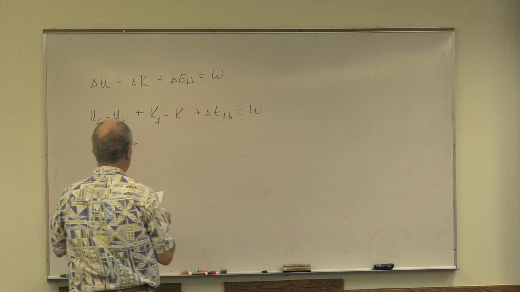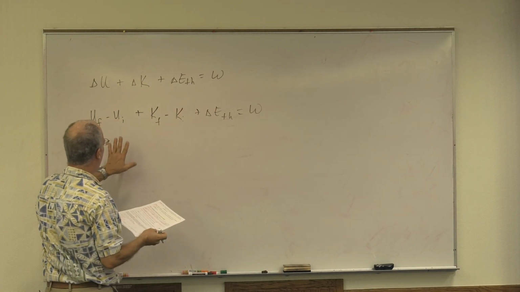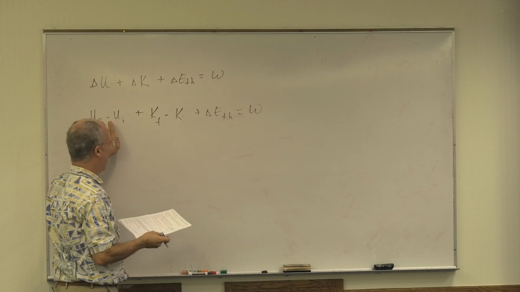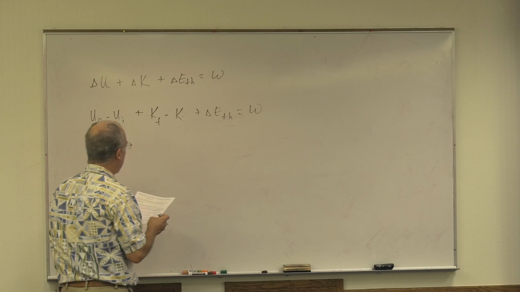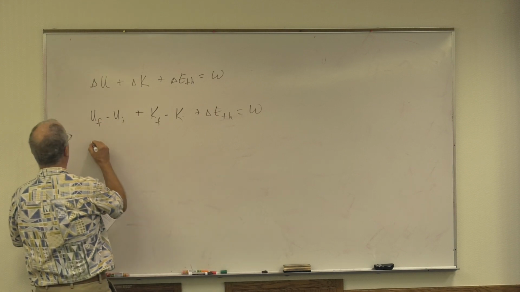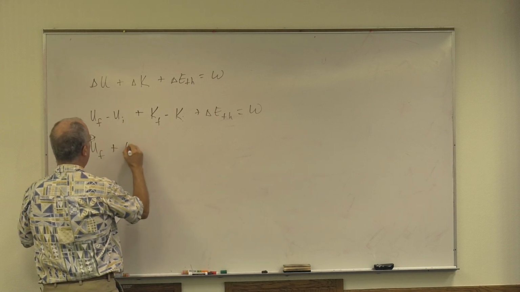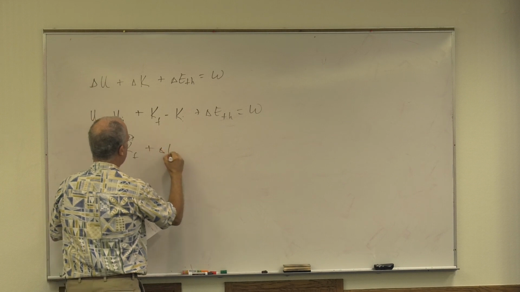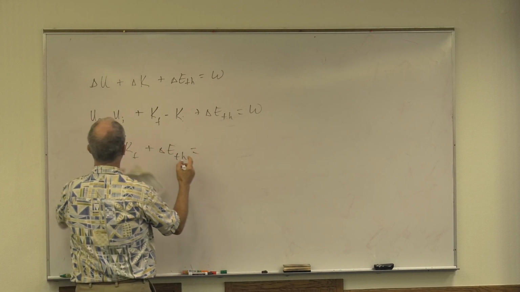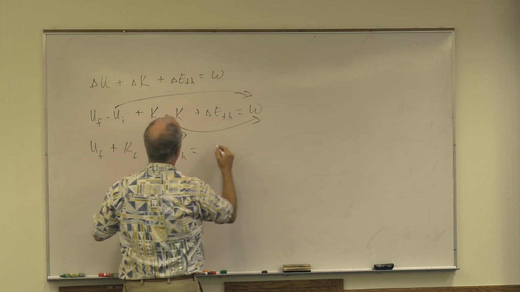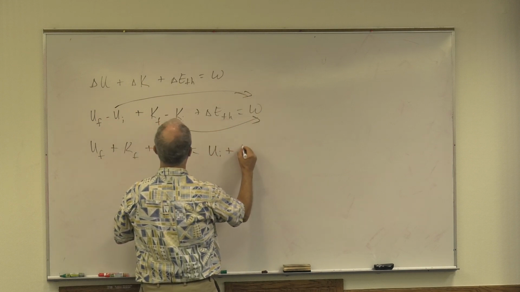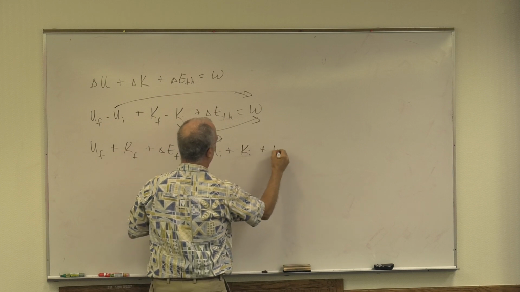If I feel like it, I can put all the minus signs on the other side. I don't like minus signs. Is that all right? Sure. So I have U final plus K final plus delta E therm equals U initial plus K initial plus work.